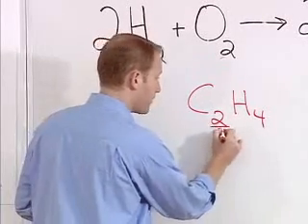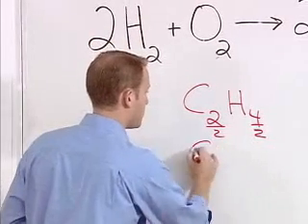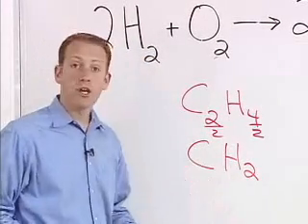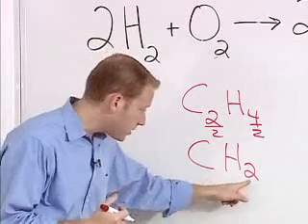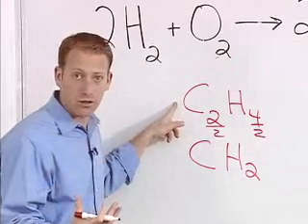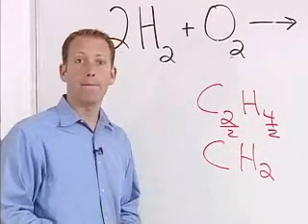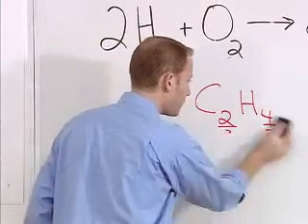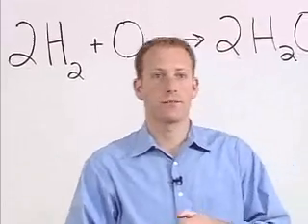So you divide both by 2, and the empirical formula then becomes CH2, because 1 and 2. So this is the empirical formula, because this is the simplest ratio, 1 to 2. This is the molecular formula, because that's the actual ratio, 2 to 4. Molecular is what you have. Empirical is the simplest form. And you need to understand empirical and molecular formulas.